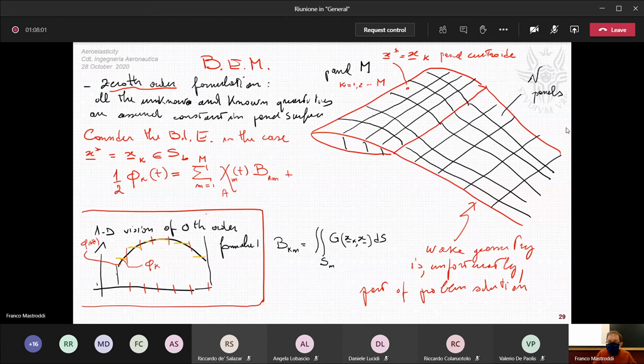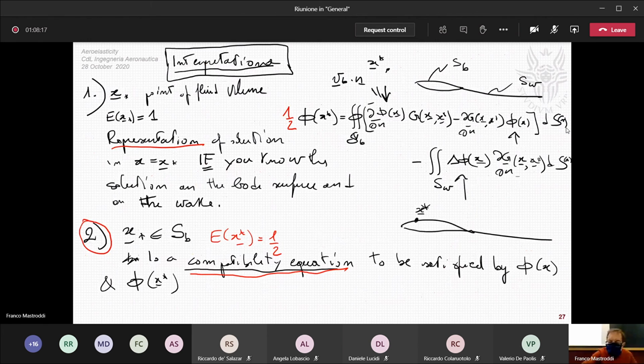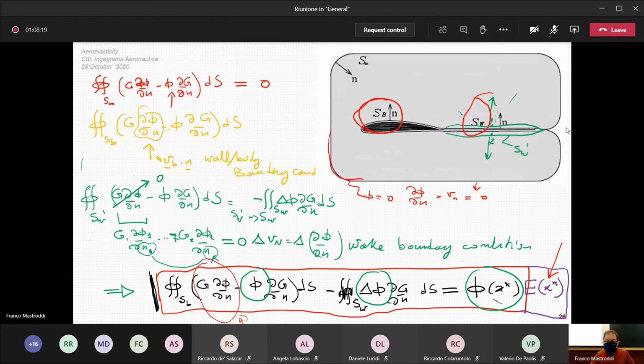So we are considering this generic M panel, and I am summing all the contribution within this integral B, because in this integral B you have to perform the integral over the body surface.